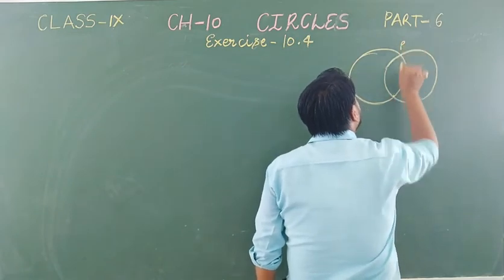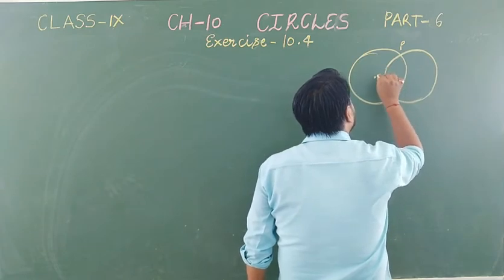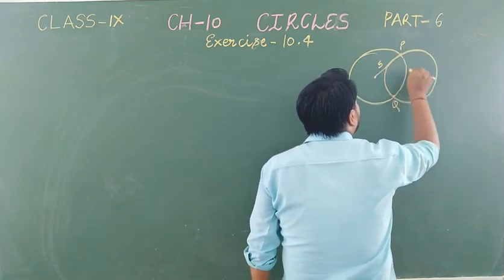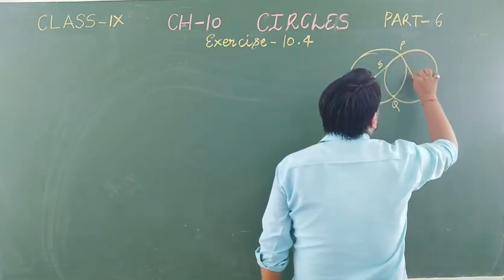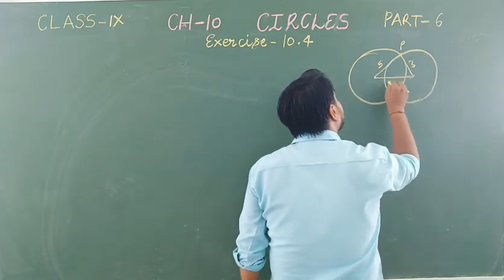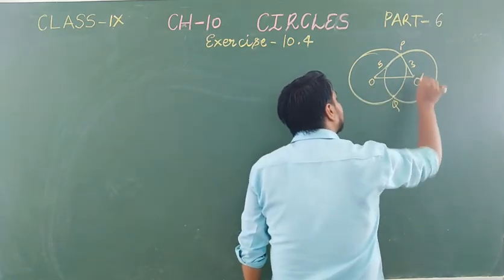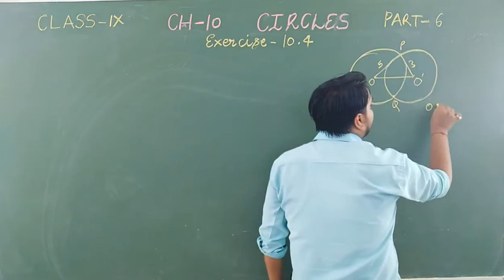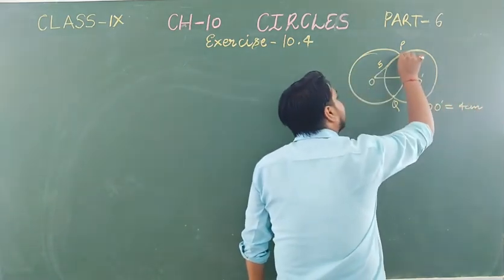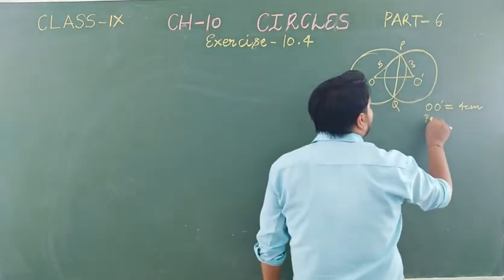One is P and suppose the other is Q. The radius of the first circle is 5 centimeter and the radius of the second circle is 3 centimeter. Suppose the center of the first circle is O and the center of the second circle is O dash. It is given that OO dash is equal to 4 centimeter, and we have to find the length of the common chord, meaning we have to find PQ.